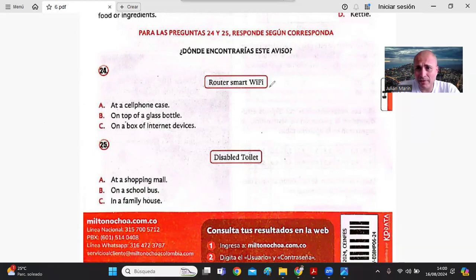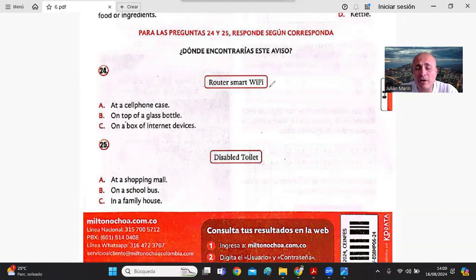So let's see the options and confirm which one of those can let us know where we can find this label. So A, at a cell phone case, no. The cell phone case, no, because what you're looking at right here is a cell phone case. I use it to protect my cell phone, so not.